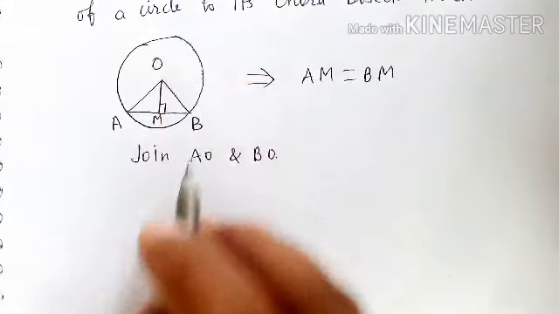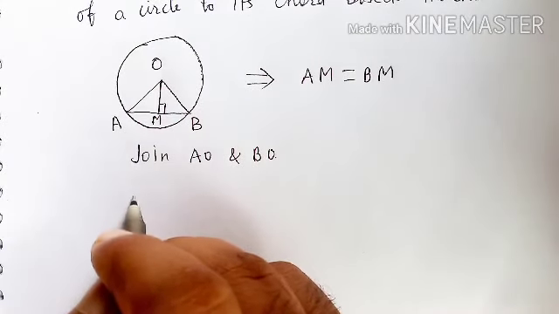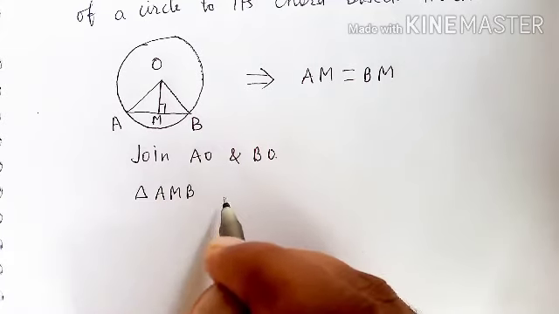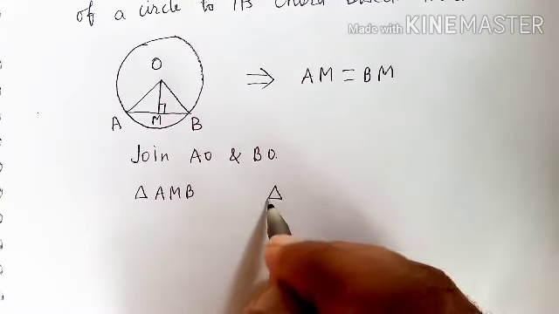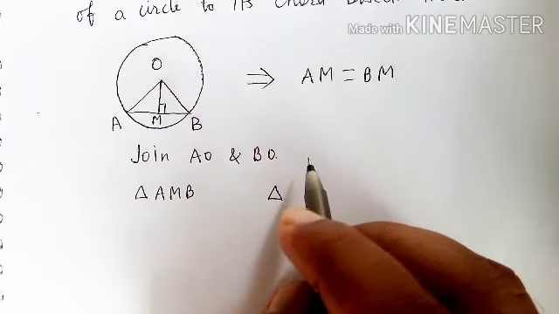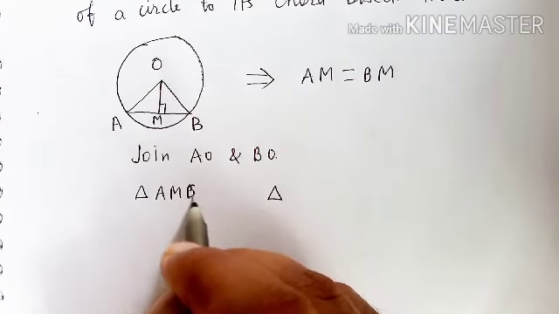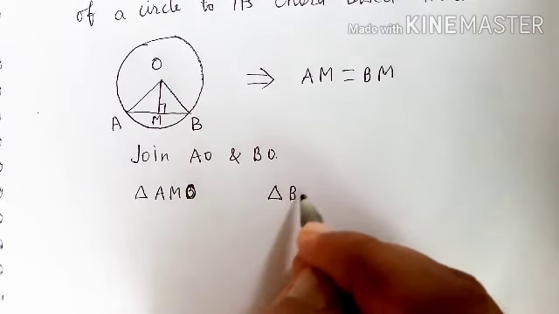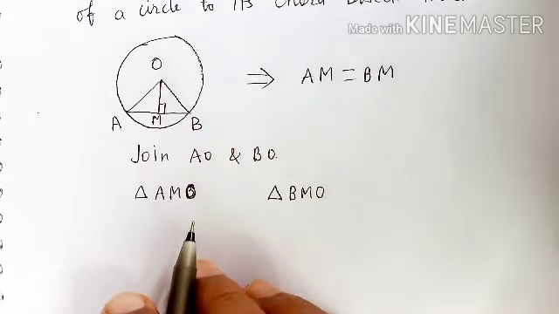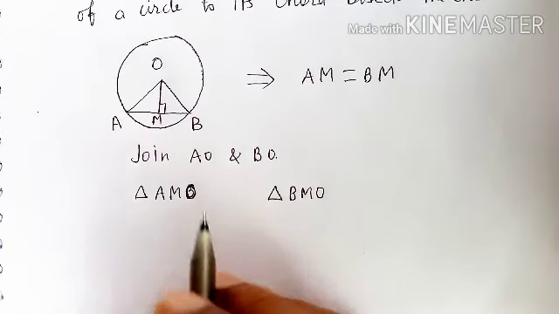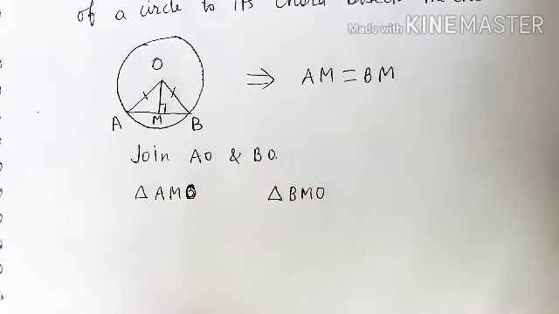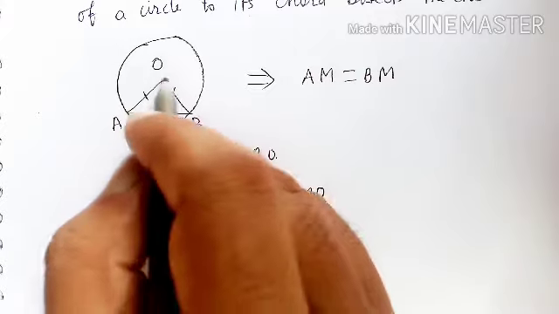Then we have to prove triangle AMO congruent to triangle BMO. You can see AO is equal to BO, radii of the same circle, which is the hypotenuse.